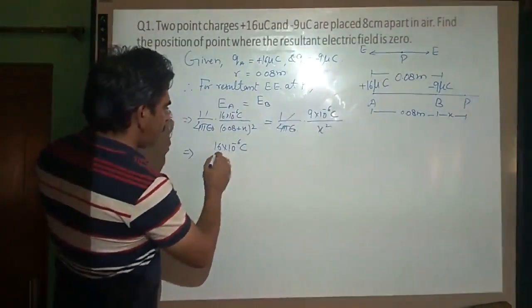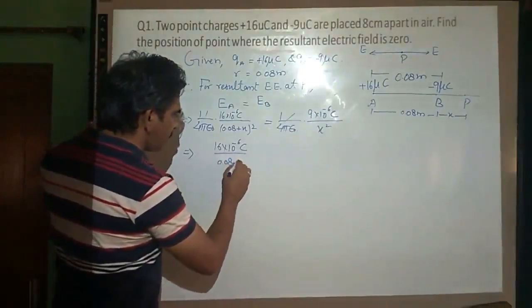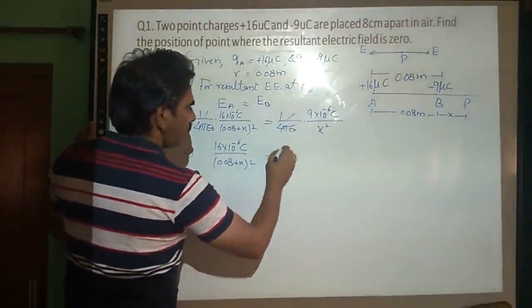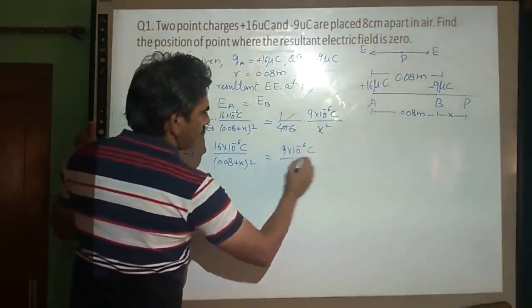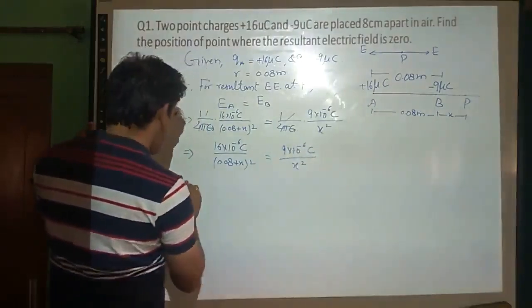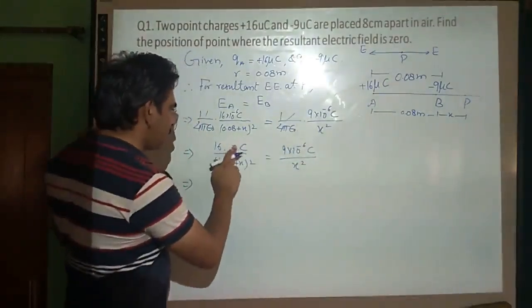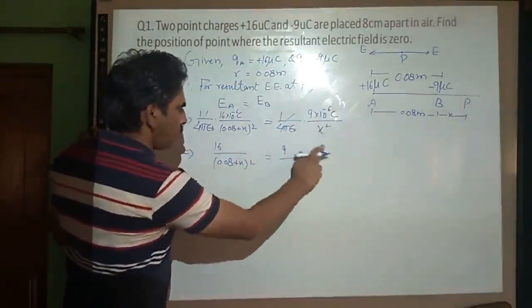So this is what we are left with, only (0.08 + x) to the power 2. This is equal to 9 into 10 to the power minus 6 coulomb divided by x square. This also cancels out. Let us drop this term also. 10 to the power minus 6 cancels out on both sides.